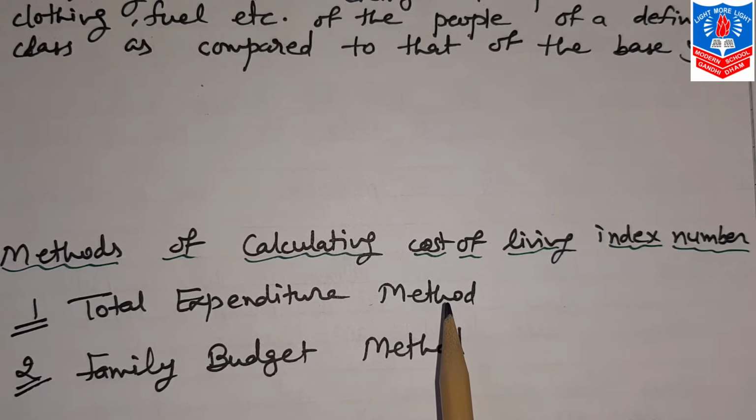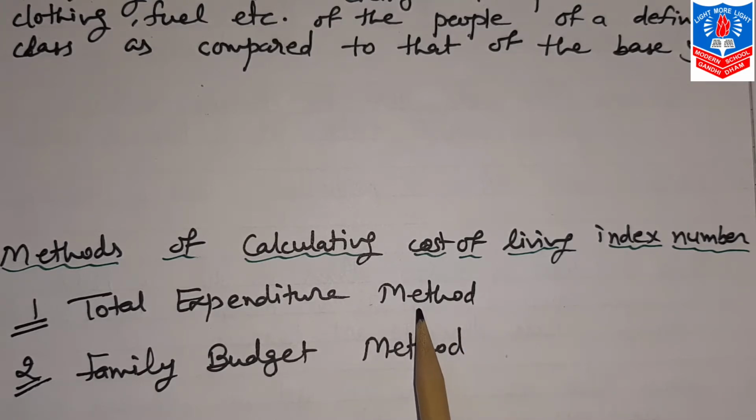Sometimes in the question it is asked to find with total expenditure method only, sometimes family budget method, or sometimes nothing is mentioned. In that case you should go for total expenditure method, not family budget method. Reason?